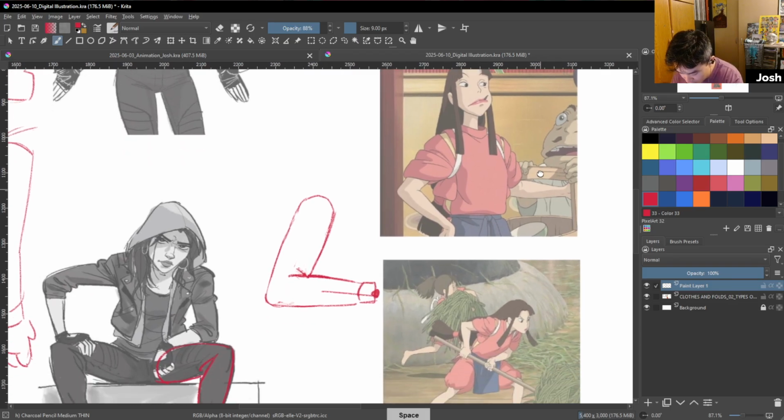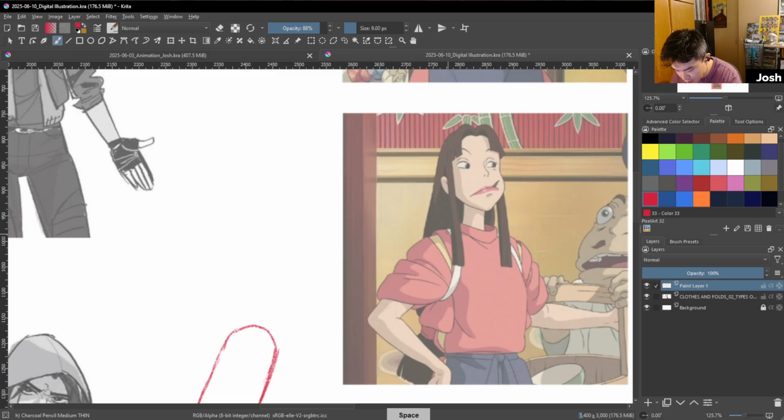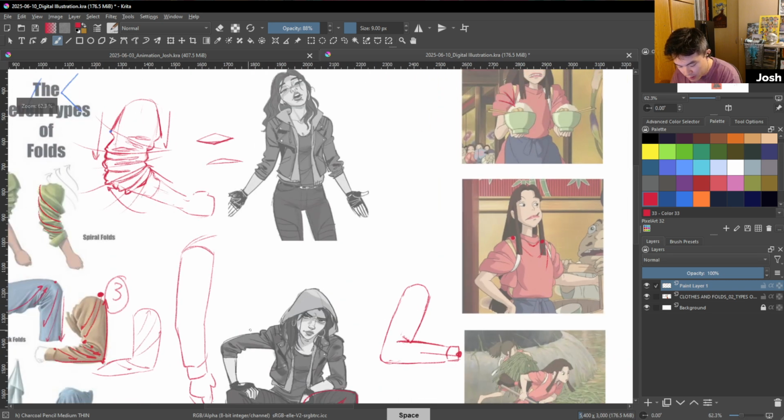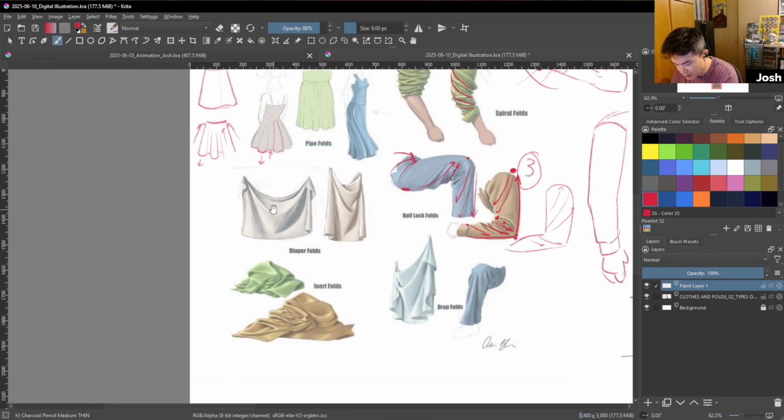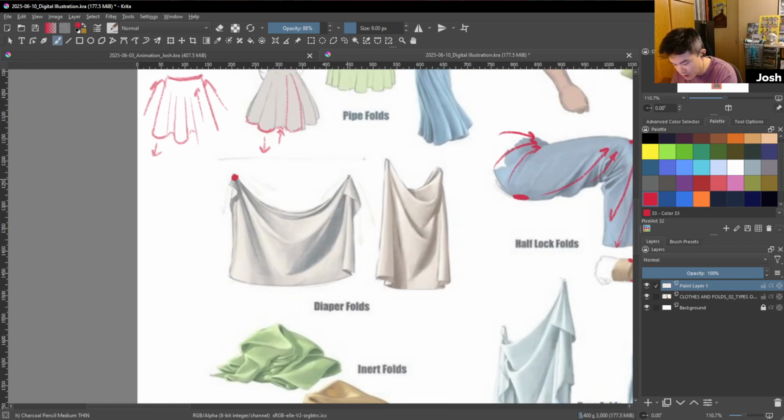Well, we didn't go into this one, but this would be the diaper fold, because you have two tension points here, and it's squeezing the folds inwards, and it creates a V-type shape for a diaper fold. You have two tension points coming in on each other, and because they're coming towards each other, it loosens the tension in the middle, which causes that fold to drop, and then it usually stacks and creates a diamond shape in the middle.